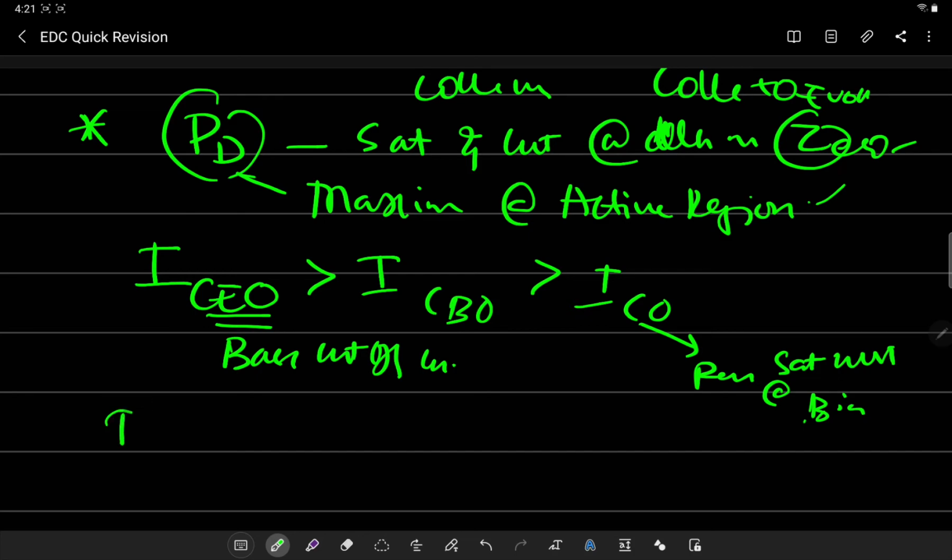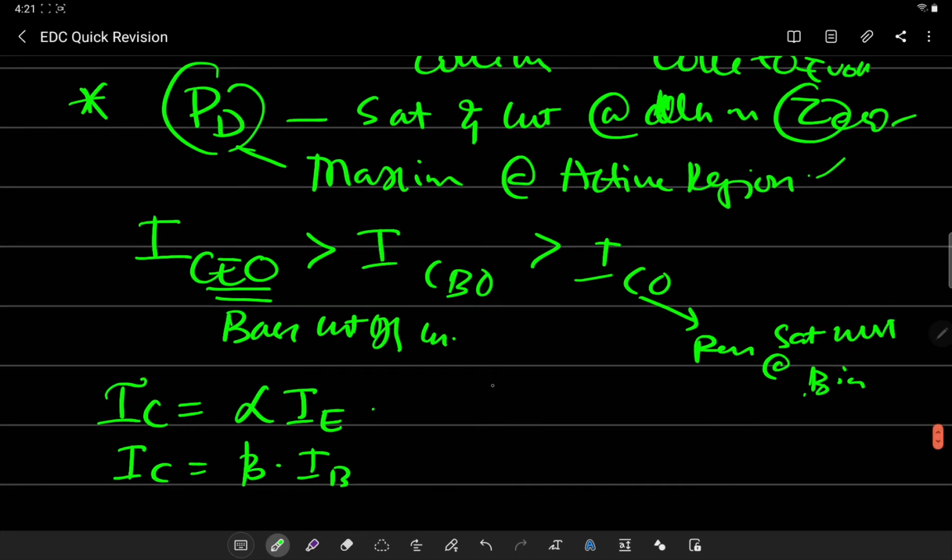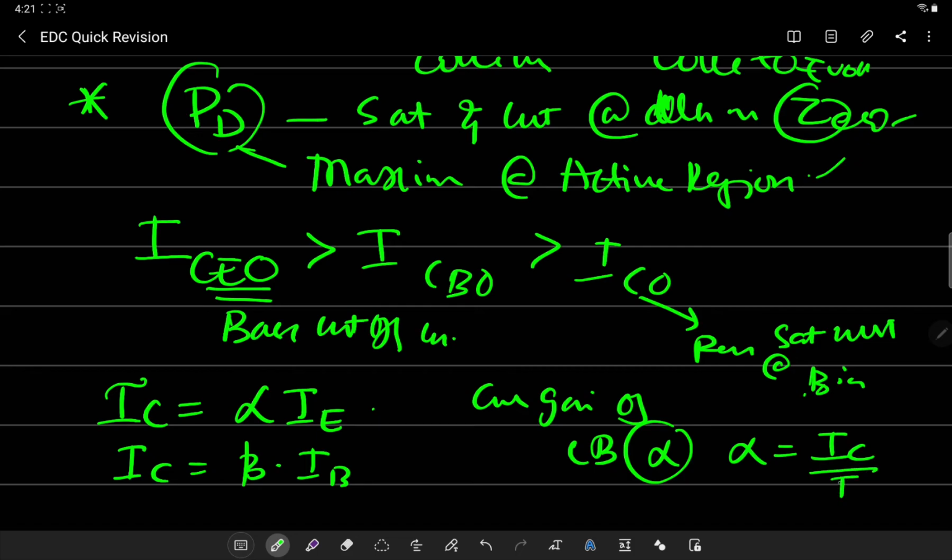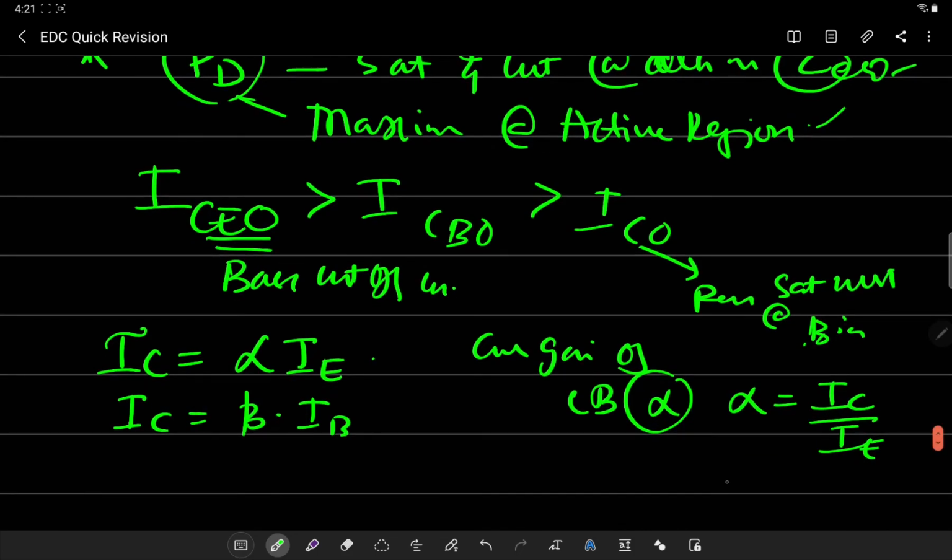IC is alpha into IE, and IC is equal to beta into IB. So the current gain of common base, alpha, is simply IC by IE, or alpha is beta by 1 plus beta.